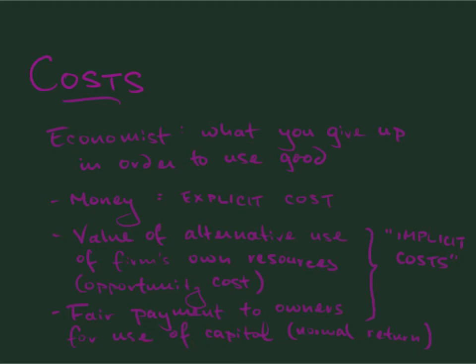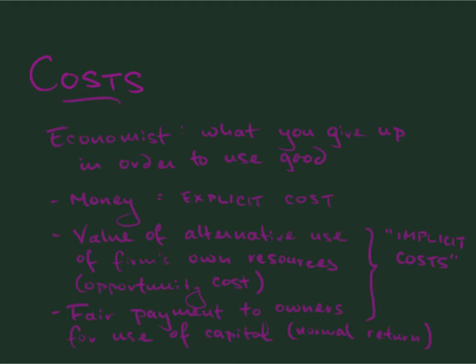Paying the other person is an explicit cost, but an economist would say using the farmer's own land is also a cost, and it's the same cost, more or less. The farmer is giving up the opportunity to rent out their field to someone else for money. So this farmer could have rented out the field for $1,000. By using the field to raise their own crop, they are giving up $1,000 of rental income. And that is, to an economist, a real cost.